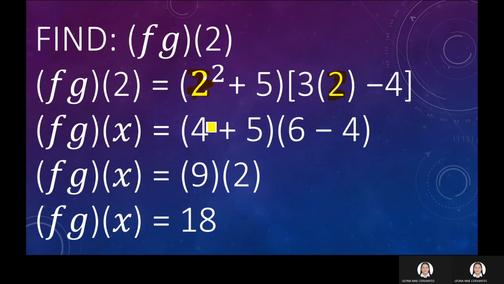So 2 squared is equal to 4 plus 5. 3 times 2 is equal to 6 minus 4. 4 plus 5 is equal to 9. 6 minus 4 is equal to 2. 9 times 2 is equal to 18. So if x is equal to 2, then f times g of x is equal to 18. Okay, so next.